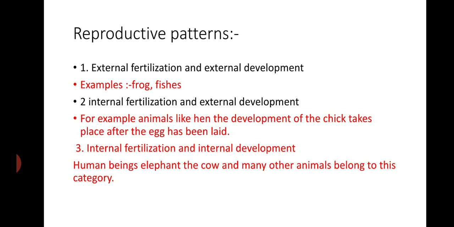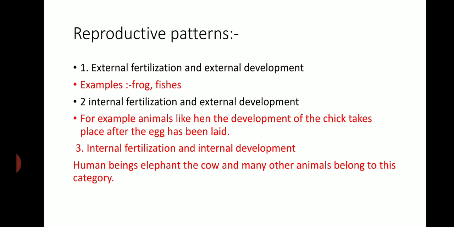Students, we have generally seen different types of reproductive patterns in different animals, and different animals have been classified into three types on the basis of the site of their fertilization, whether it is internal or external, and the development. So, the first one is external fertilization and external development.